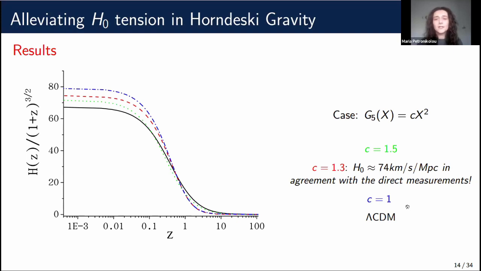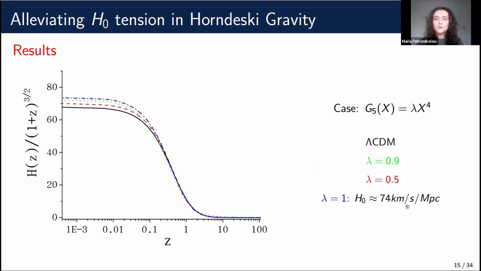For several values of the C parameter here, we see how our model evolves through time. With the black line, we see the lambda CDM model, and at late times, we see that our model could achieve an alleviation of the tension, and specifically for the parameter value of C equal to 1.3, the H0 is around 74 kilometers per second per megaparsec, which is in agreement with the direct measurements.